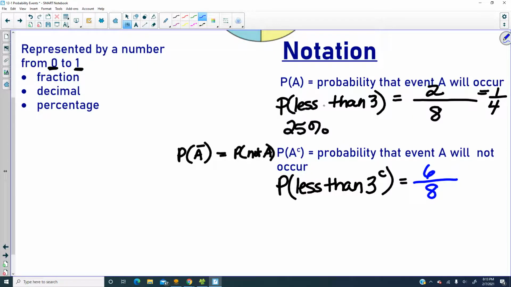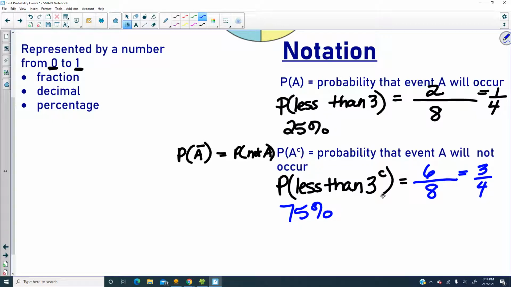So if I win the game by getting a number less than 3, I have a 25% chance of winning. If I lose the game, then I have a 6 out of 8 chance, which is 3/4, or 75%. Notice that these two, 25% and 75%, add to be 100. So anytime you're dealing with a complement, you can calculate it 2 ways.